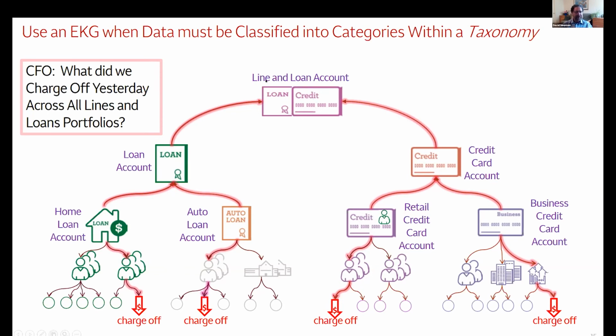And we might ask at the very highest level of lines and loans accounts, which will also have the attribute charge-off, for all of the portfolios that are part of the set of line and loan accounts, and for all of the line of business accounts, what are the total aggregate charge-offs across these sets of portfolios?